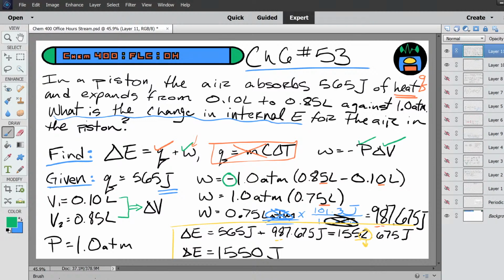Initial volume of 0.1, final volume of 0.85. Yep. So this should be a negative. This should be a negative. This should be a negative. So this is not a plus sign. This is a minus sign. So let's try this again.